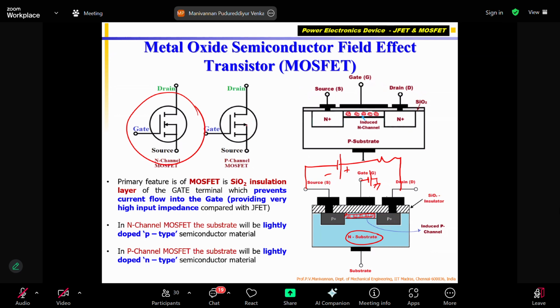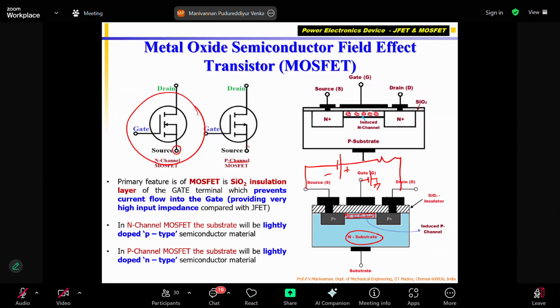You can see that there is an arrow coming out and reaching the source terminal outwards. That is called a P channel MOSFET. Another thing you can see is that it is dotted. There are two modes of operation. One is called enhancement mode, the other one is called depletion mode in the MOSFET. That also we will see.